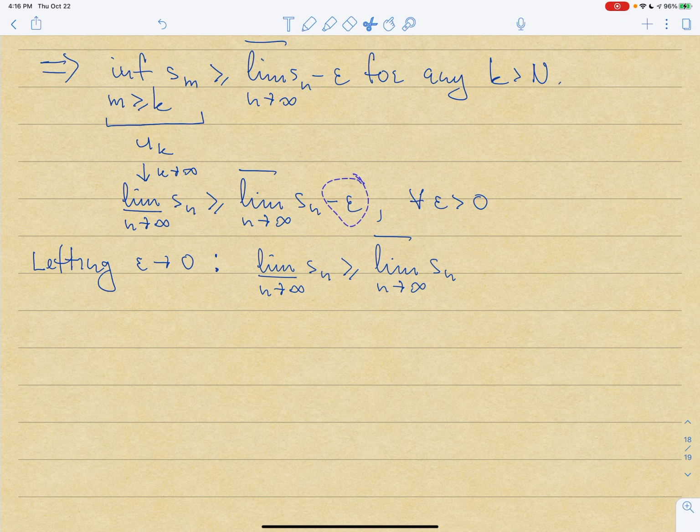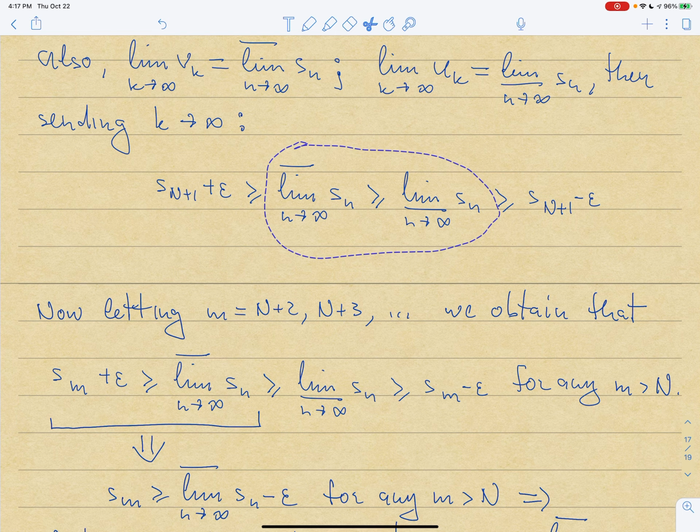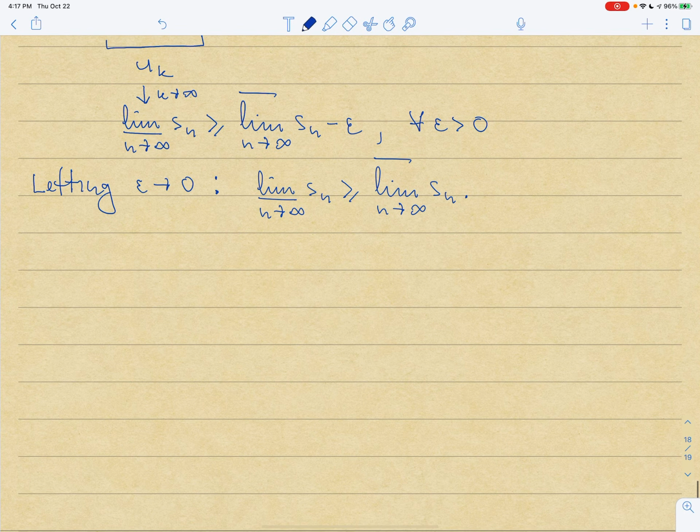But also, somewhere above here, we have that, in fact, always, and we proved that before, lim sup is greater or equal than lim inf. So then, since always lim sup as n goes to infinity of Sn is greater or equal than lim inf as n goes to infinity of Sn, what we get is that these two are greater or equal than each other, and then also less or equal than each other.